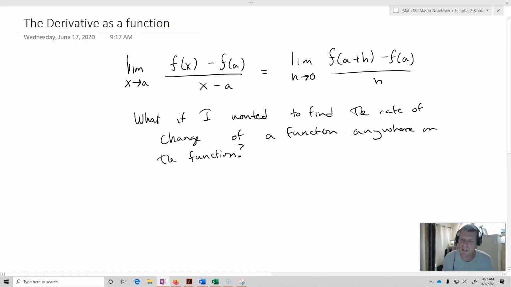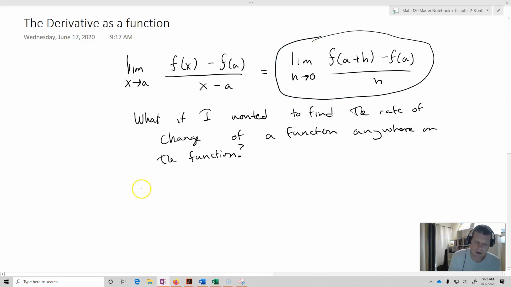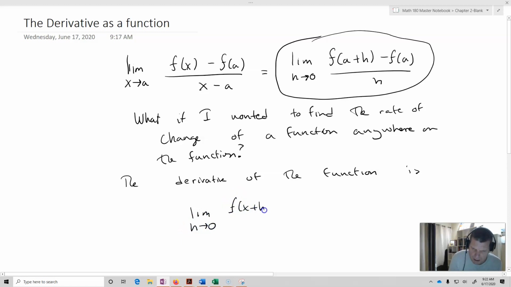So what we're going to do is utilize something that very much looks like this guy in order to do that. We're going to say that the derivative of the function is the limit as h approaches 0 of f of x plus h minus f of x divided by h, where x belongs to the real numbers, some kind of real number.